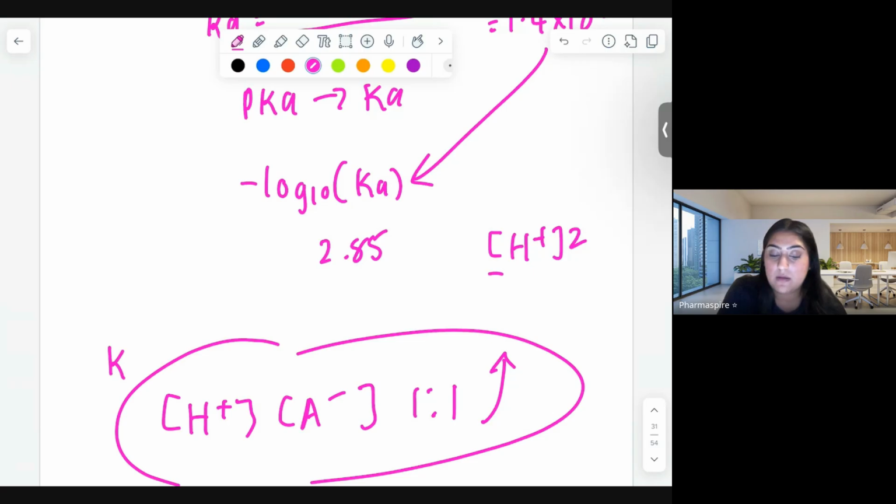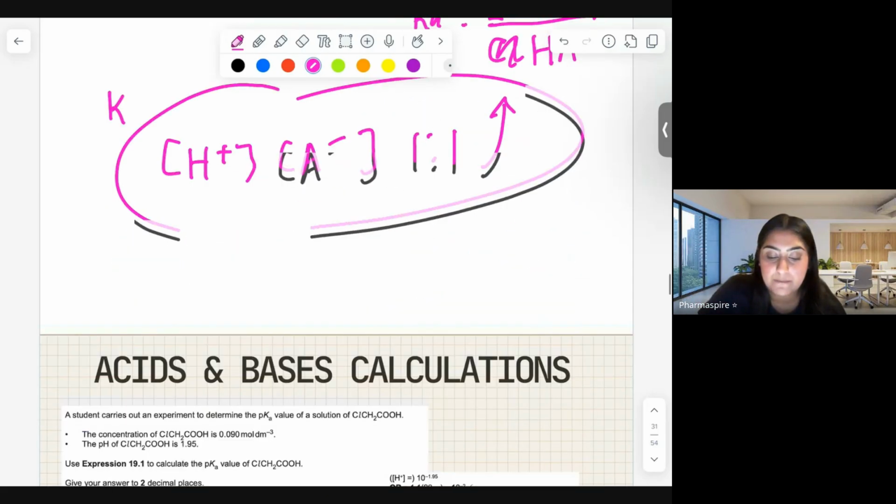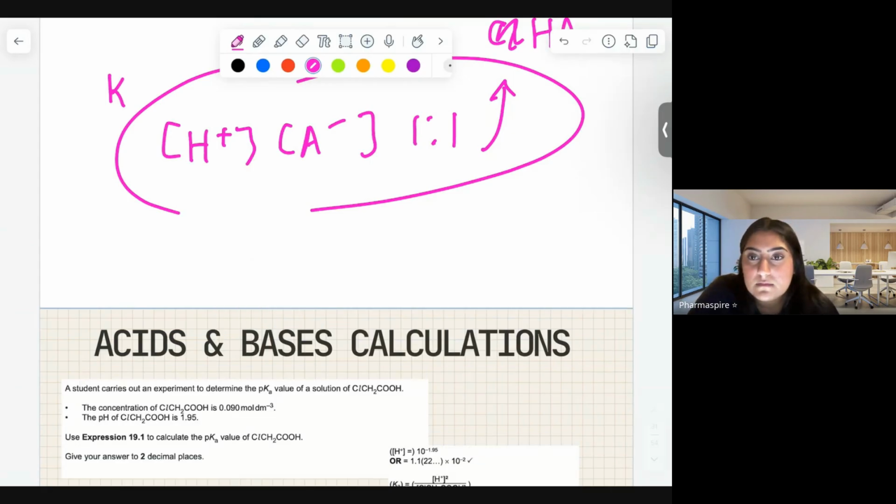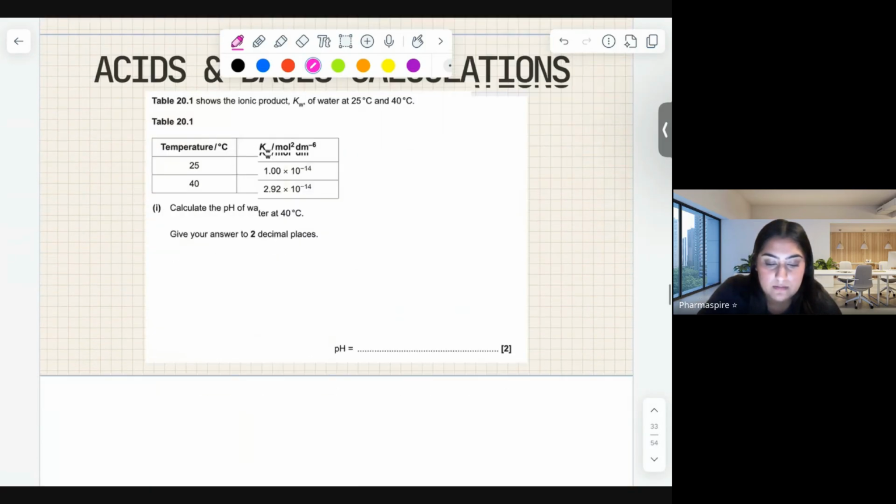You need to remember that H+ and A- is a 1-to-1 ratio, and therefore we can use it in the equation like this instead. Make sure you remember that because they could ask you it. Yeah, we got that right.